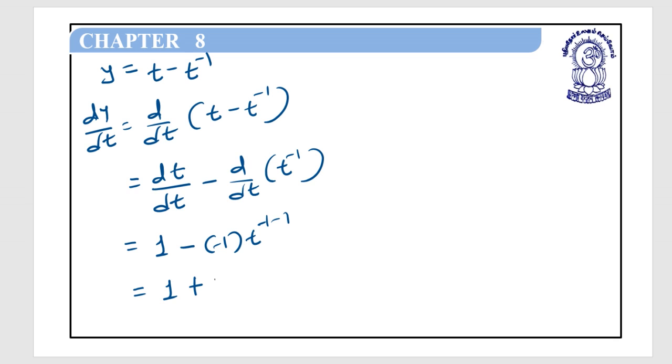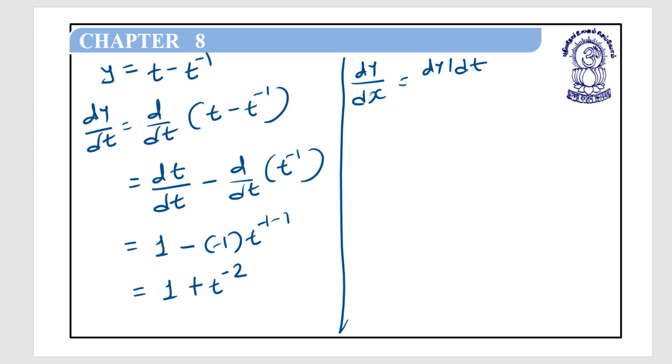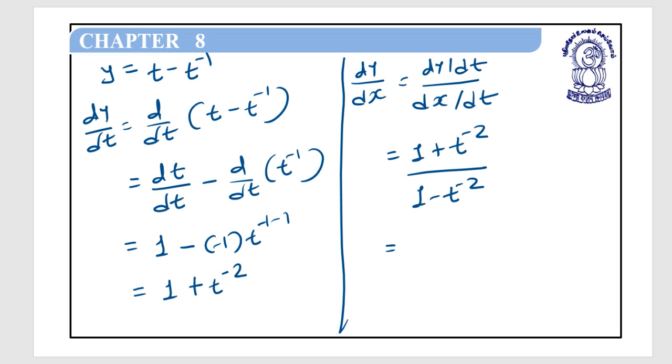So, 1 minus minus plus t raised to minus 2. So, now find out the dy by dx is equal to dy by dt by dx by dt. 1 plus t raised to minus 2 over 1 minus t raised to minus 2. Okay.